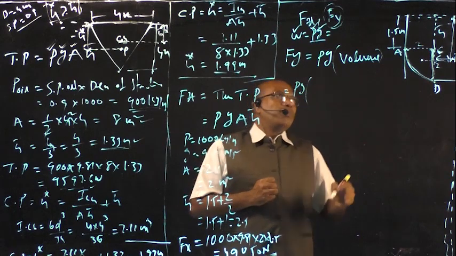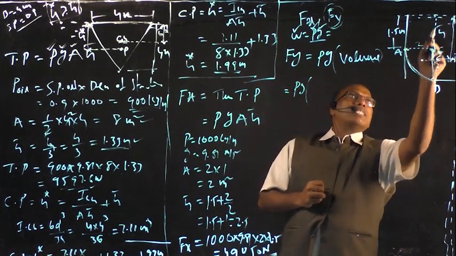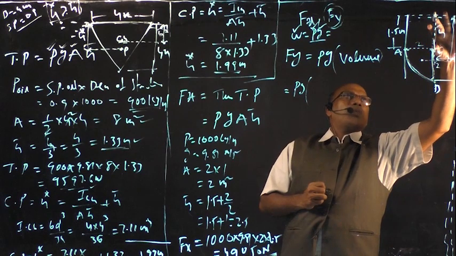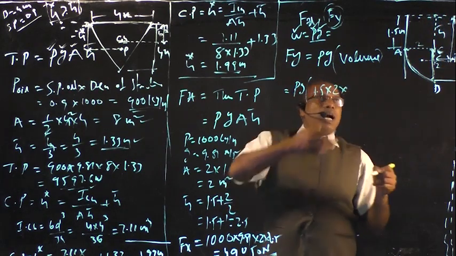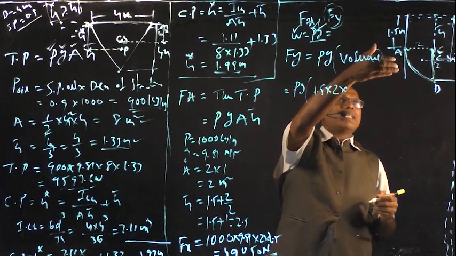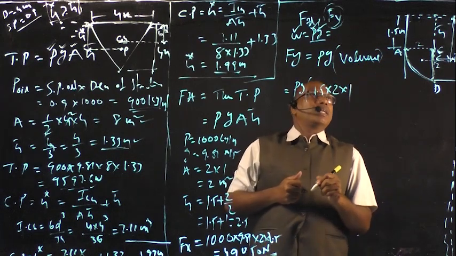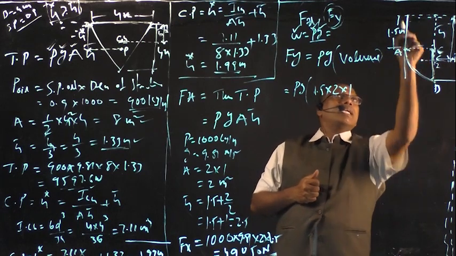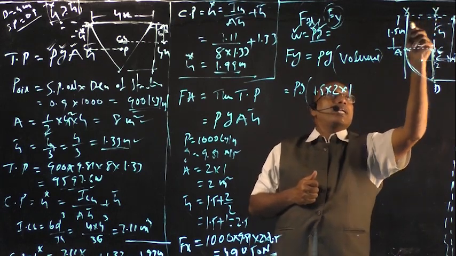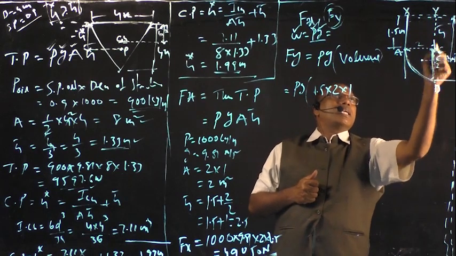What is the volume? The volume of this area: depth is equal to 1.5 meters and width is equal to 2 meters, and perpendicular to the plane of paper, that is taken as 1. This is the volume of this area XACY.